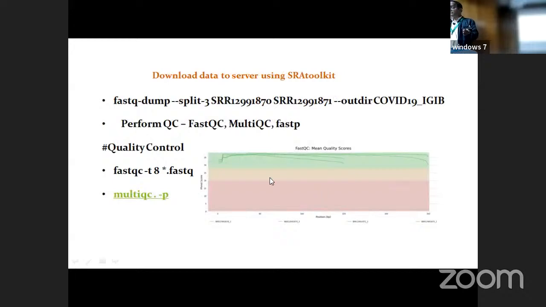Basically, as I mentioned, you should have Q30 reads. Of course, you can download data using the SRA toolkit. It is not necessary that you go and click and download, because on a server you will not have any graphical user interface. You will have a black screen only. So in the terminal, you need to give a command. You can use the fastq-dump command to download anybody's data, any project's data.